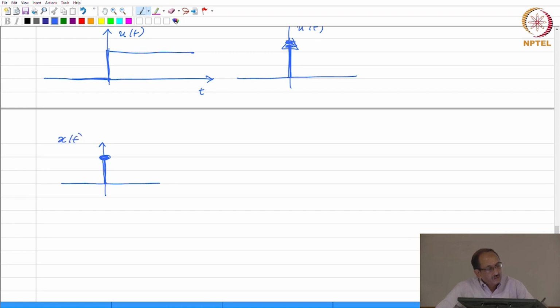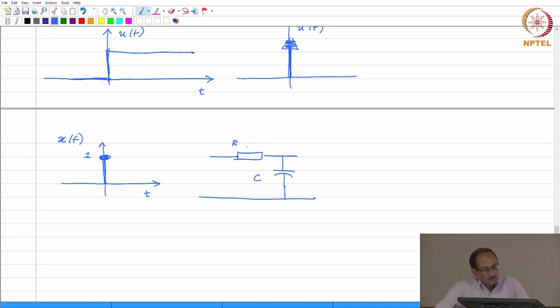So this is x of t, and then this signal is applied to this circuit.